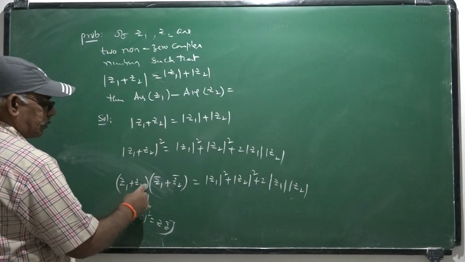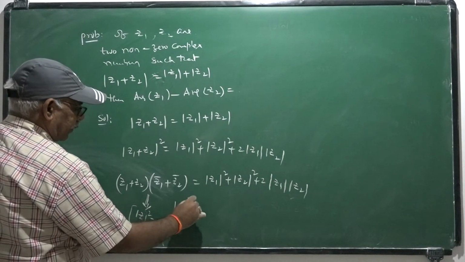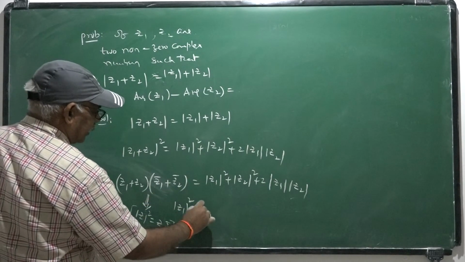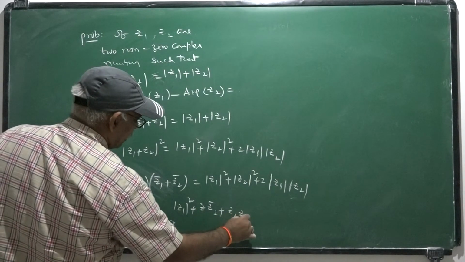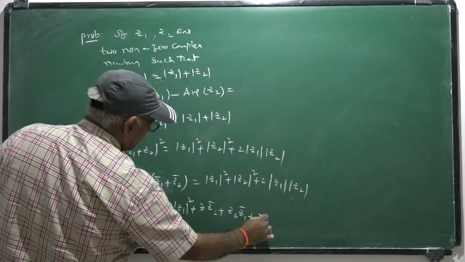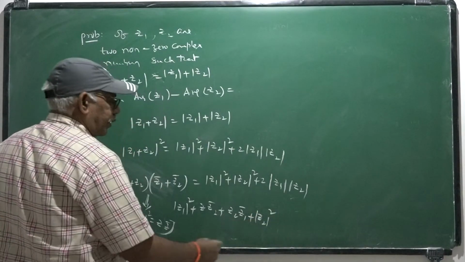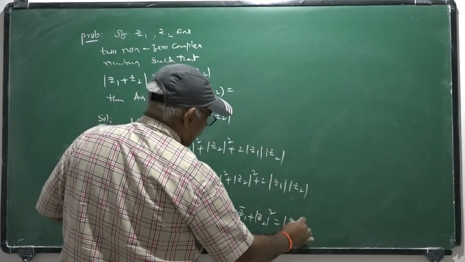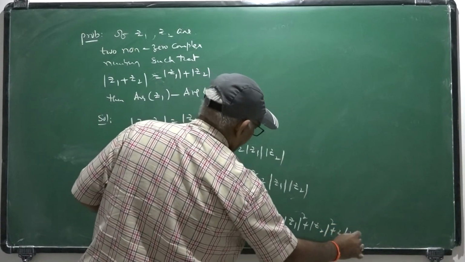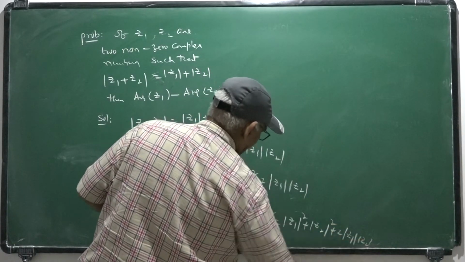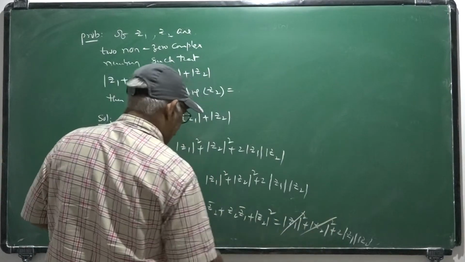Again by this one, this is mod z1 square plus z1 z2 bar plus z2 z1 bar plus mod z2 square, equal to mod z1 square plus mod z2 square plus twice mod z1 mod z2.